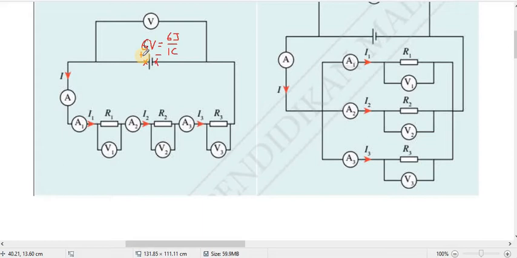I just want to point out that electron flows from negative to positive, while the conventional current is from positive to negative. Every time we talk about current, what we mean is the conventional current, which flows from positive to negative. We are not talking about the flow of electron. If we talk about flow of electron, the electron flows from negative to positive.